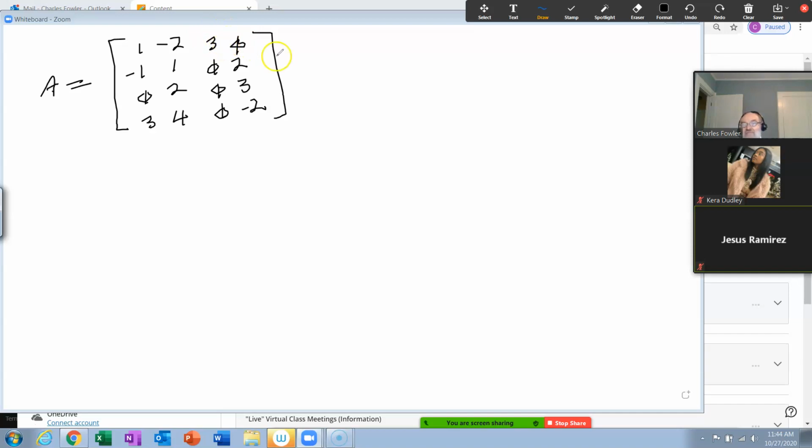Okay? So here's what we're going to do. We're going to expand by cofactors of this. We're going to use the third column, first row, because that's the only non-zero entry there. Now, we're going to take that value, 3.